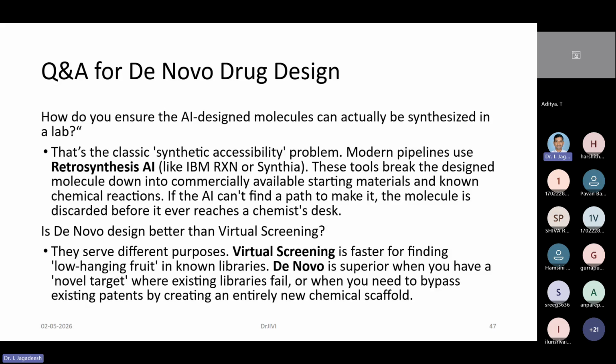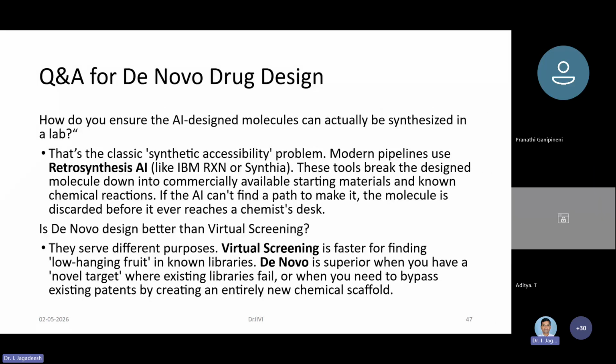There are certain combinations of functional groups and pathways that are impossible to make in our synthetic lab. So the modern pipeline uses retrosynthesis AI platforms. These tools break the original product, that is the drug, into basic fragments, and suggest commercially available starting materials, reagents and solvents, and they also give the feasibility of the chemical reactions.